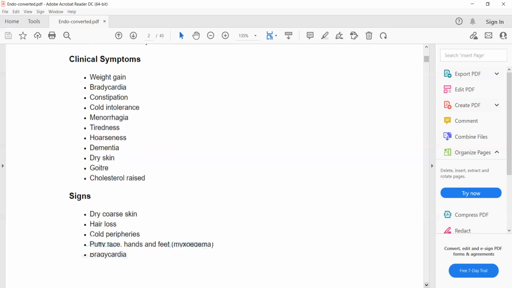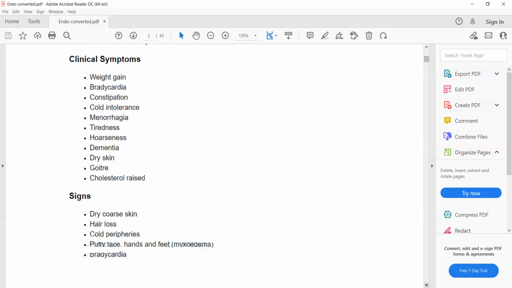Menorrhagia and amenorrhea occur in hypothyroidism because when thyroxine hormone is decreased, then due to feedback stimulation, thyroid releasing hormone is released from the hypothalamus. Thyroid releasing hormone from the hypothalamus stimulates the pituitary gland to produce two hormones.